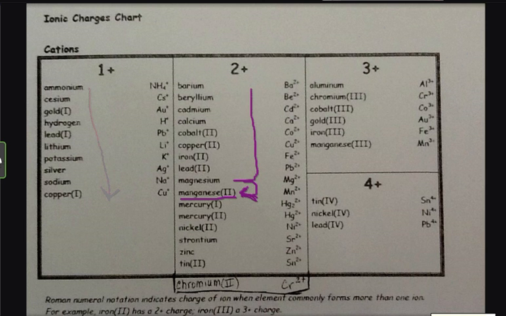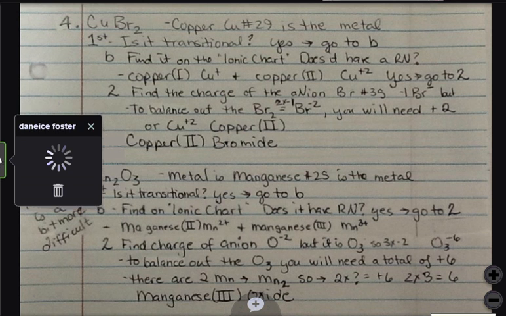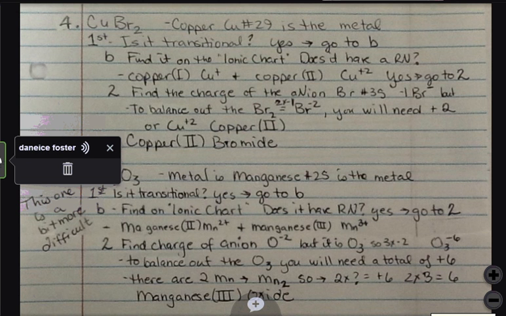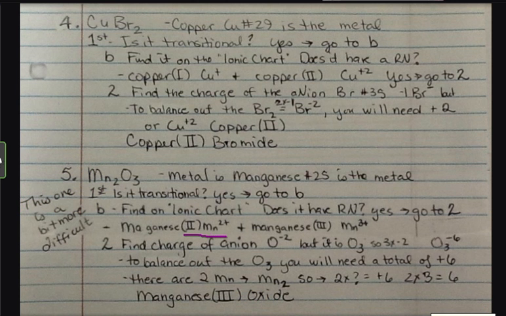We know it's got to be somewhere else over here. There it is right there. So it will have an ionic charge of +2 or +3. So now we have to determine if we're going to need the +2 charge or the +3 charge. So it does have a Roman numeral. We're going to go to number 2.